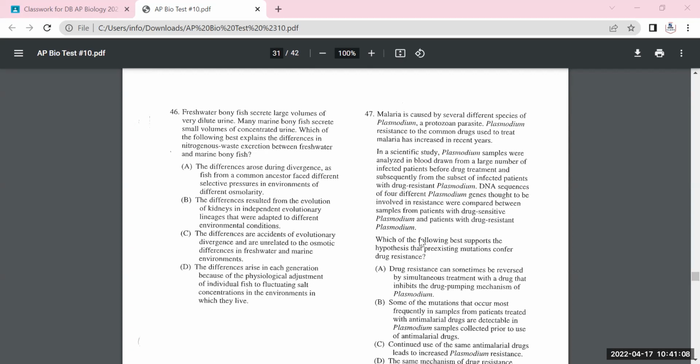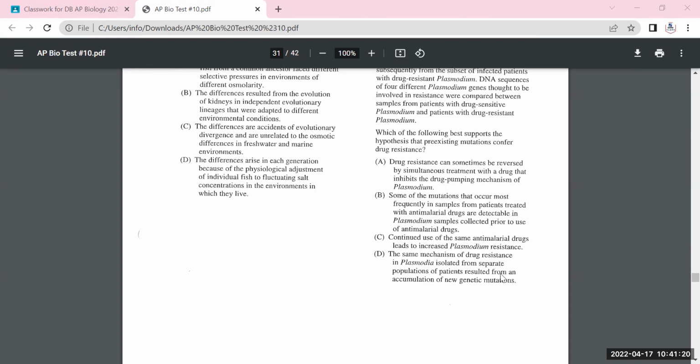DNA sequences of 4 different Plasmodium genes thought to be involved in resistance were compared between drug-sensitive Plasmodium and patients with drug-resistant Plasmodium. Which of the following best supports the hypothesis that pre-existing mutations confer drug resistance?